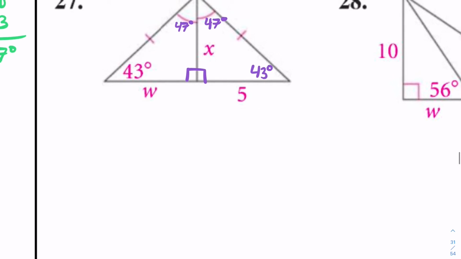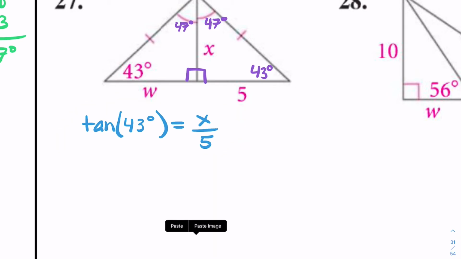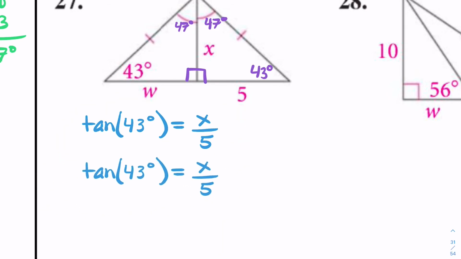So I'm going to do the tangent of 43 degrees is equal to the opposite side over the adjacent side. So opposite over adjacent.